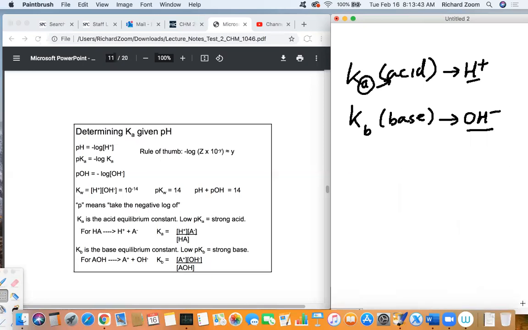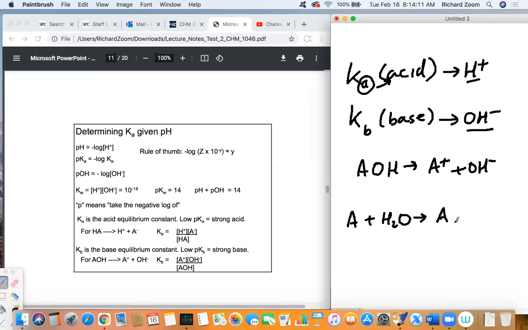So you'll notice that with a base, it's the production of OH minus. I'll give you two situations here. We can do AOH, where we've got actual OH minus in the solution already from the compound, or we can do this: A plus H2O gives AH plus OH minus.